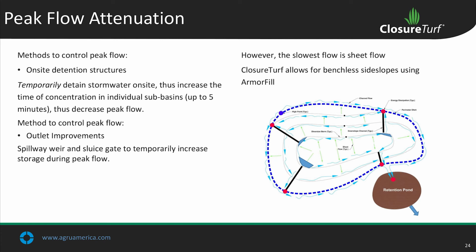Pre-landfill flow was estimated at 98, and using some outlet controls and some on-site detention, we got the outflow from the basin to basically match the pre-landfill flow. The reason for that was peak discharge from this site had to match the estimated pre-landfill peak to satisfy LID, or low impact development regulations.